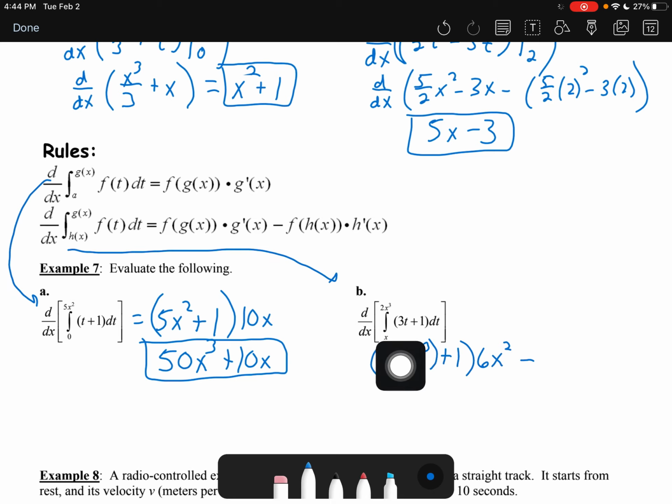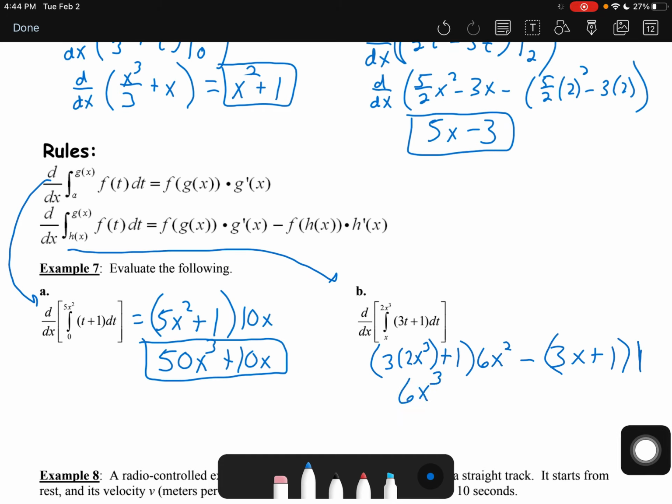And then minus, now because we have a variable there, or another function, now we replace, so now it's going to be minus 3x plus 1. And the chain rule in this case doesn't really matter, because when I do the derivative of that x, technically it would just be times 1. Okay, so then we just simplify this up.